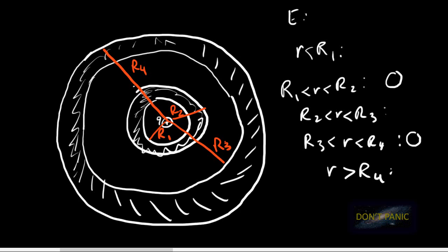We know that when you're on the inside, when R is less than R1, you're going to draw your Gaussian surface like this. And then the charge enclosed by the Gaussian surface is Q. So the electric field is kQ over R squared.